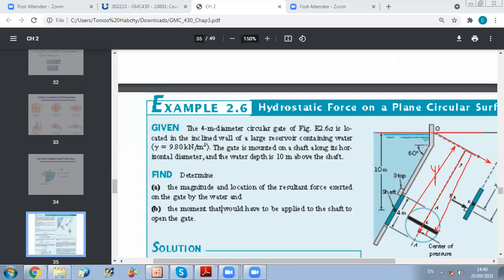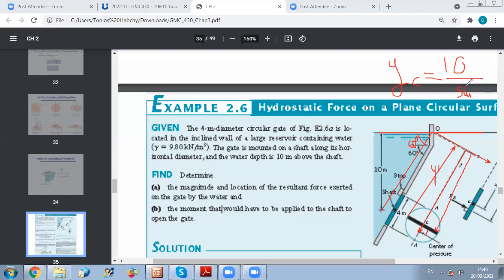Theta is 60 degrees, and they should provide you with this distance. Look, this is 60 degrees, and this distance is 10 meters. So Y of C is simply 10 over sine 60.